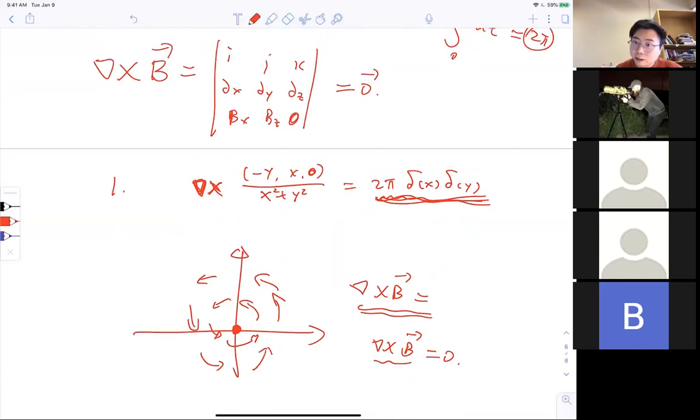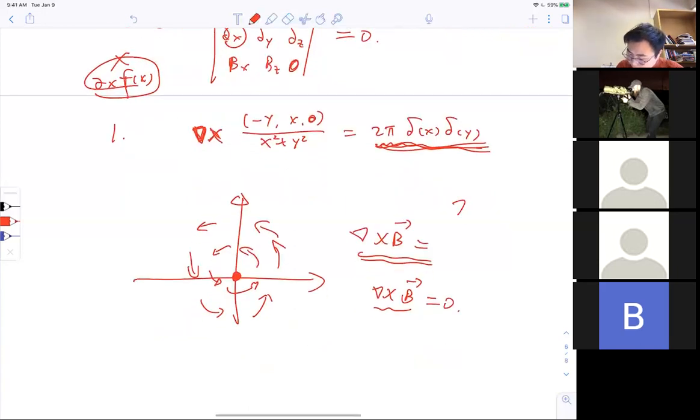If there's a singularity, the function is not well defined. You cannot take a derivative at a singular point, meaning that this kind of calculation contains no information about the singular point.